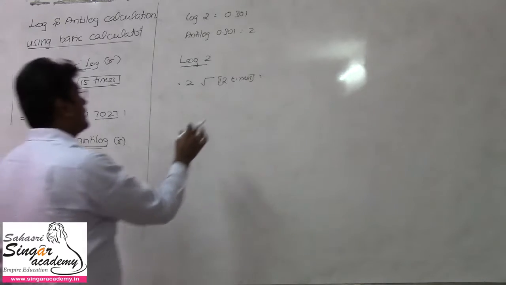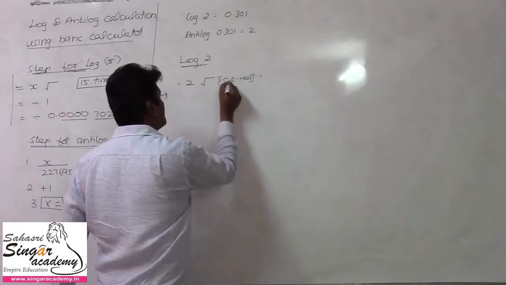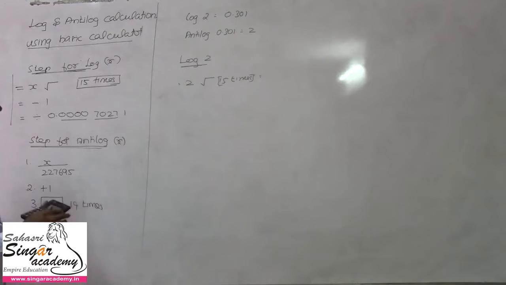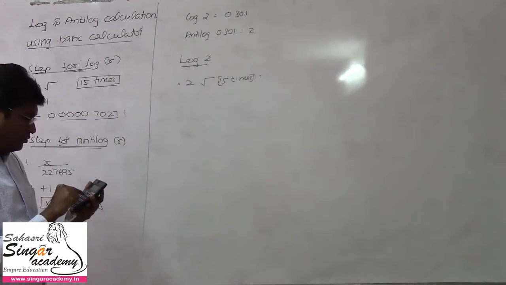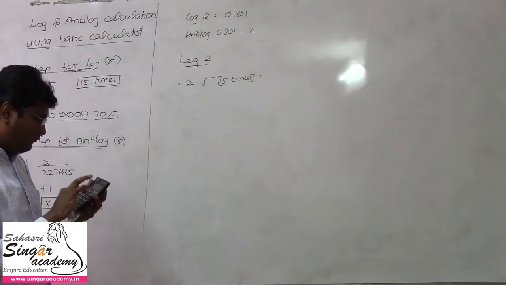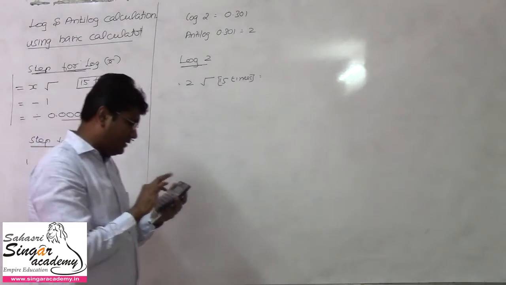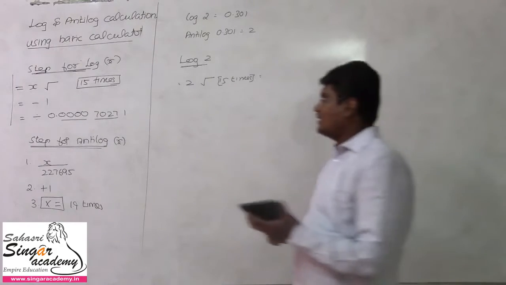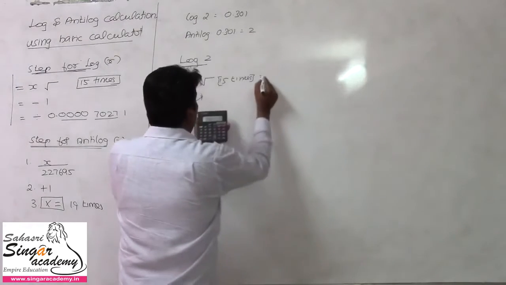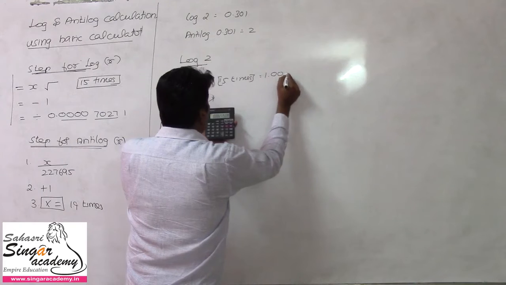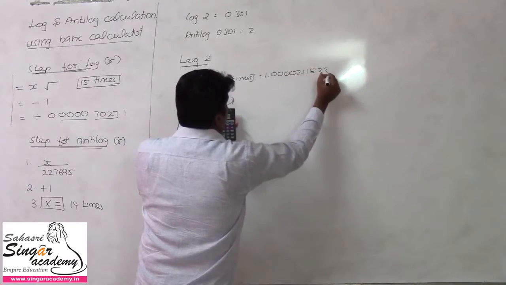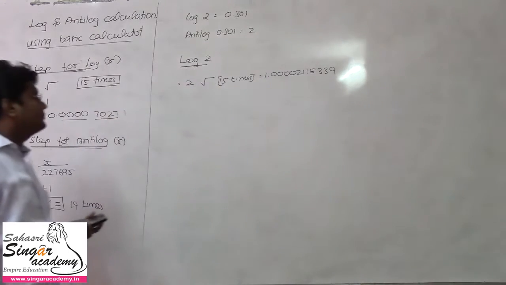It is not 12 times, 15 times I am doing this operation: 1, 2, 3, 4, 5, 6, 7, 8, 9, 10, 11, 12, 13, 14, 15. The answer is 1.00002115339.